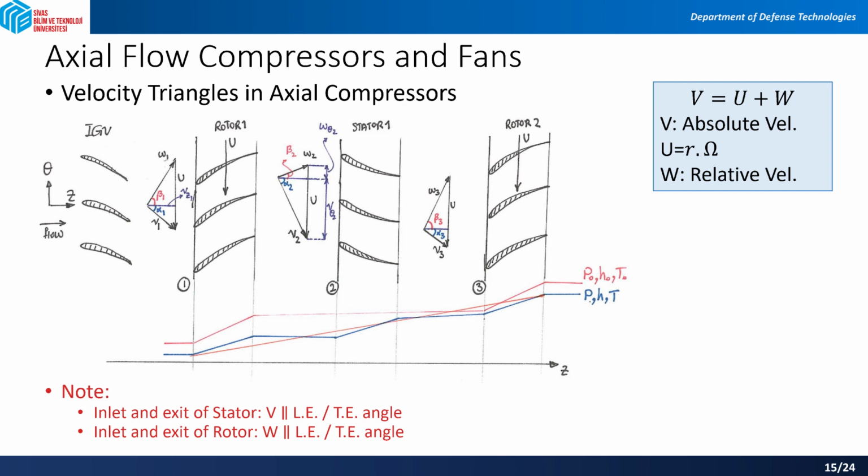So keep this in mind, and then you can draw these triangles for yourself as well. And again, keep in mind which angle is alpha and which is beta. Alpha is the angle of the absolute velocity vector, beta is the angle of the relative velocity vector. And then it goes like this.